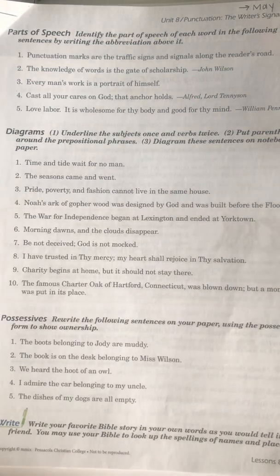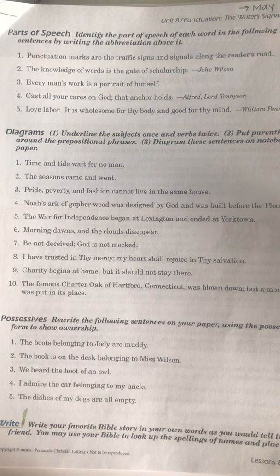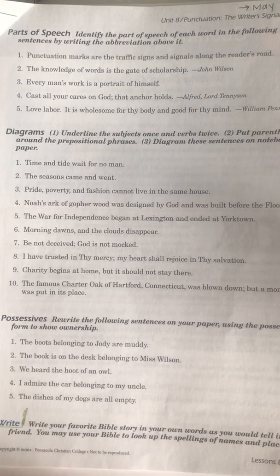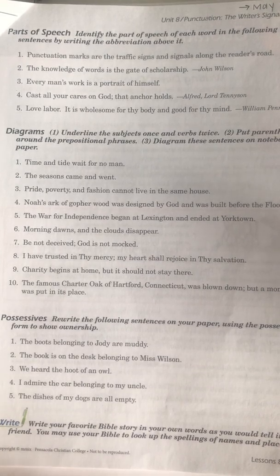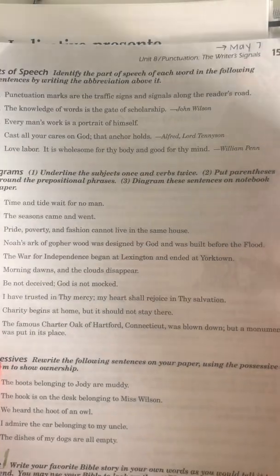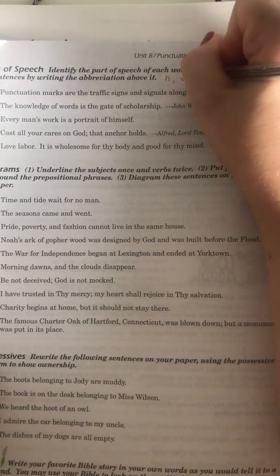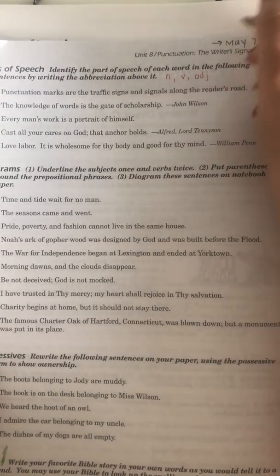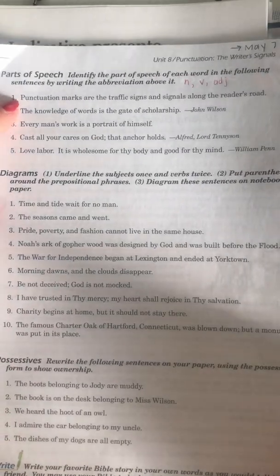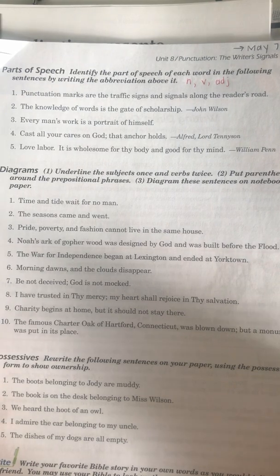So you're not going to do every single word, but the nouns, the verbs, the adjectives, and if you do catch an adverb, you can go ahead and write it. So what you're going to do is write either N, V, or A, D, J on top of these words in these sentences. So let's do number 1 as an example.